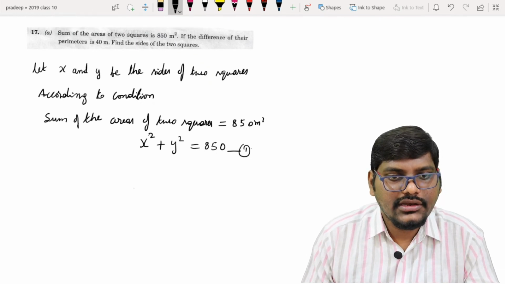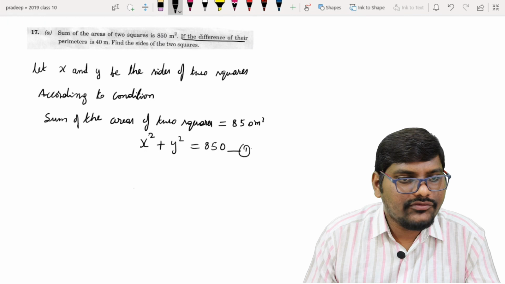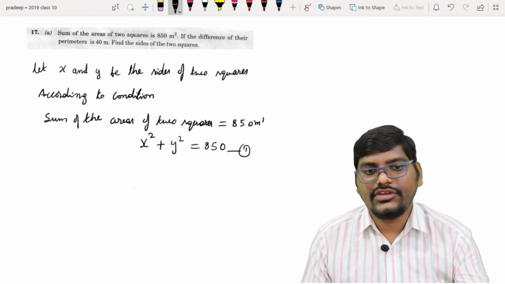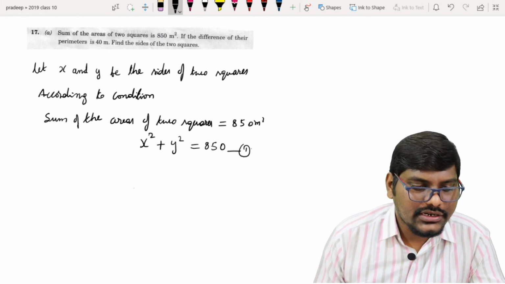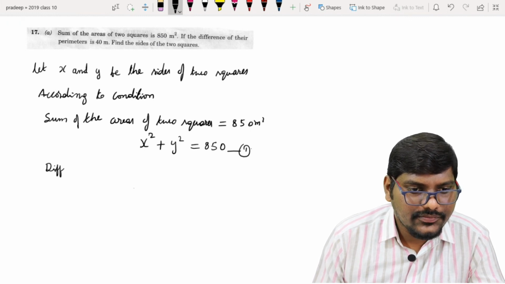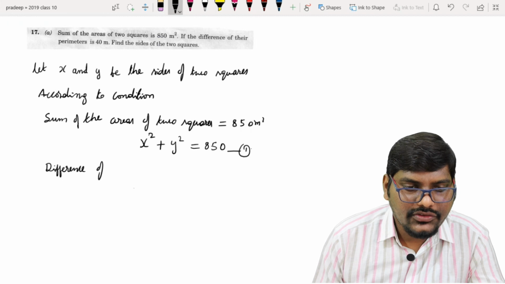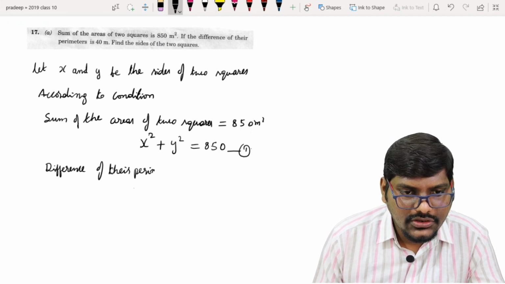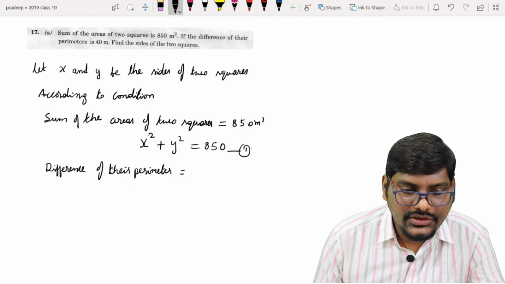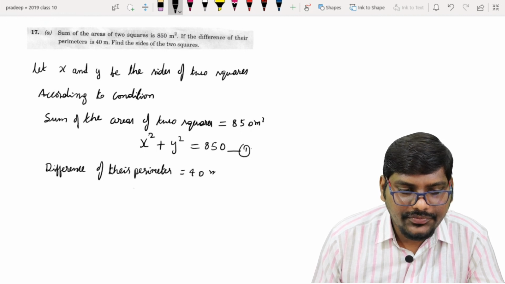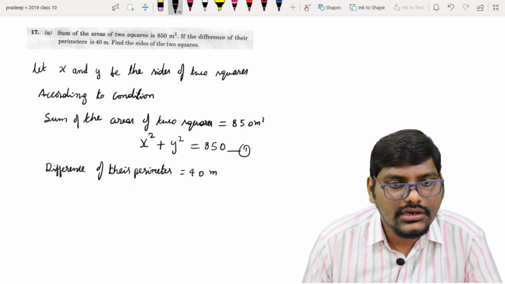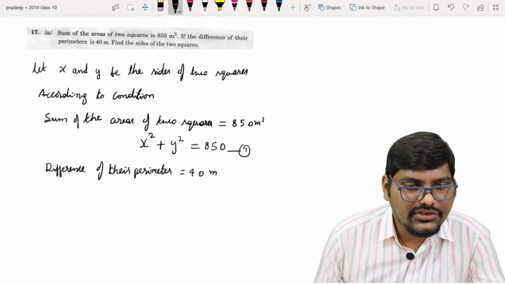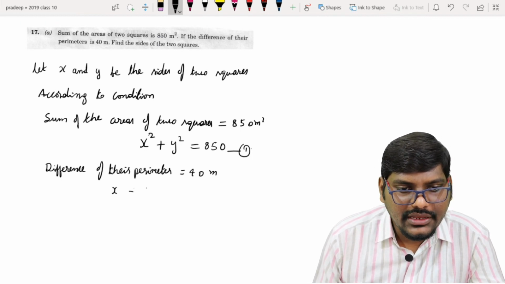So let's see the second condition. If the difference of their perimeter is 40 meter, they are saying. So the condition says the difference of their perimeter will be 40 meter. Here it is difference, so we can simply take x minus y.